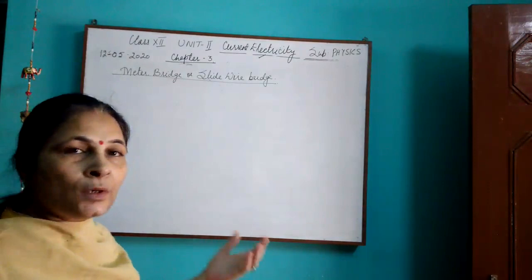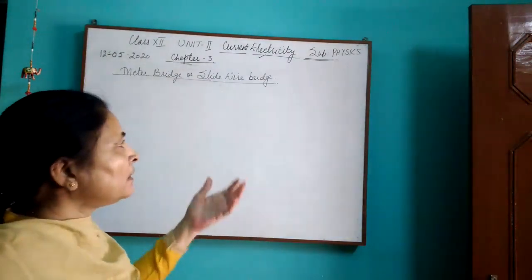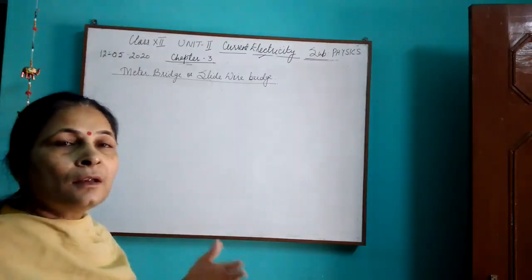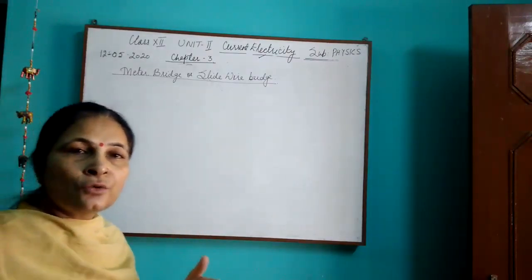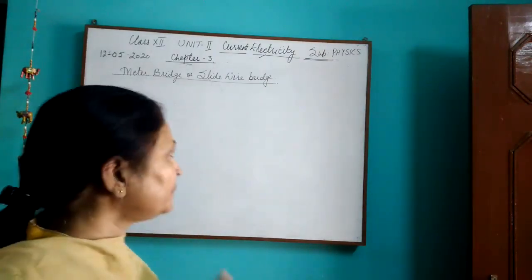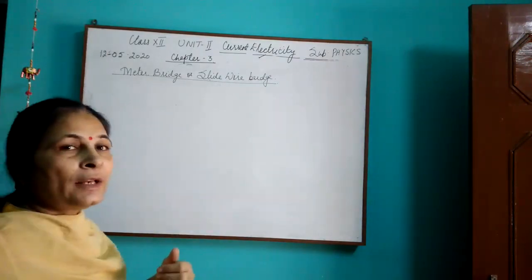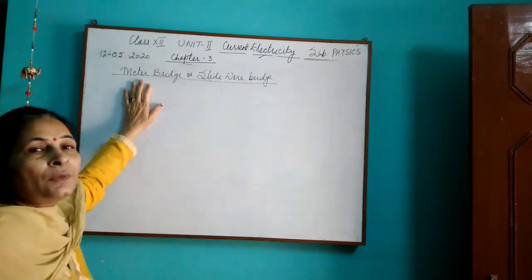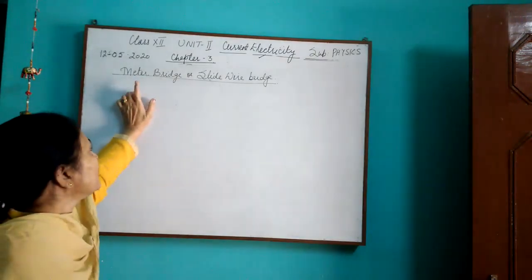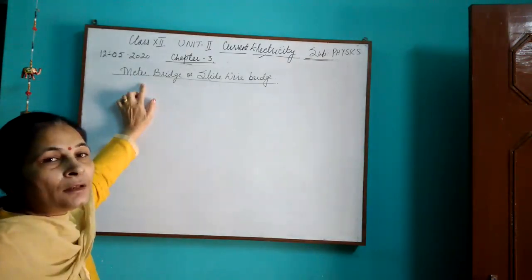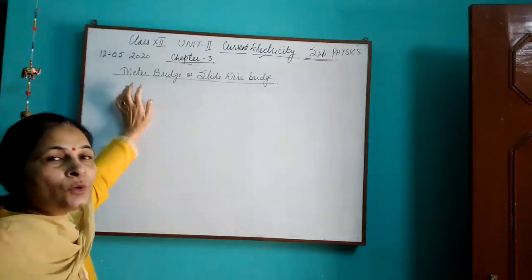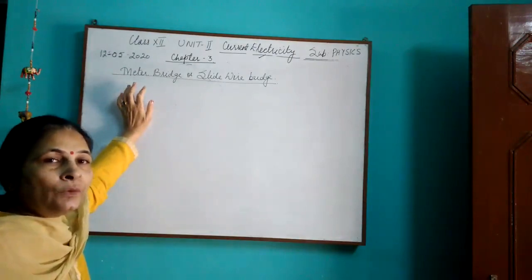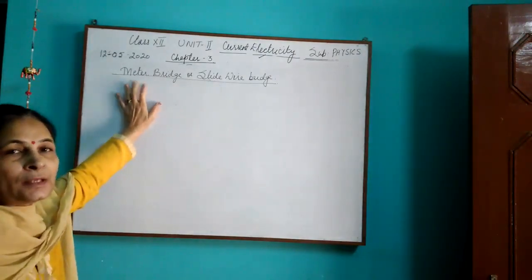And how it works, we'll see by taking the condition of balanced Wheatstone bridge, that is, if no current flows through the middle arm, then the ratios of the different arms are equal. Let us first consider the construction. When we say meter bridge, meter here indicates a 1 meter wire. So this bridge contains a 1 meter wire clamped between two fixed points.